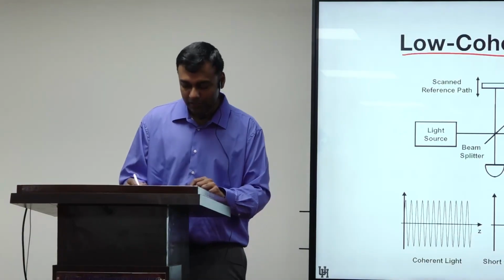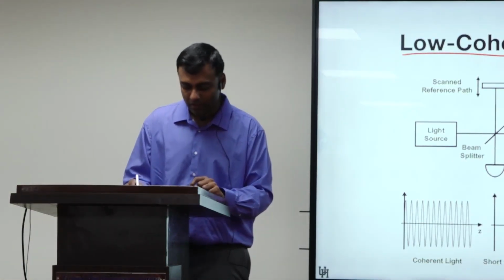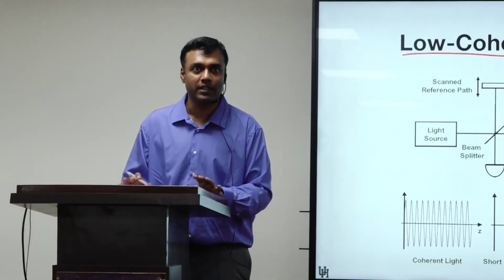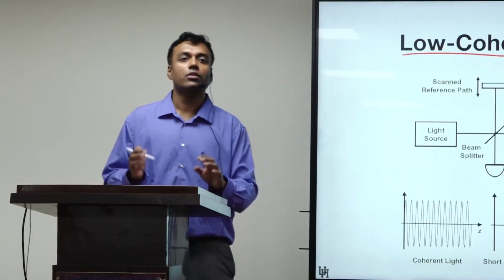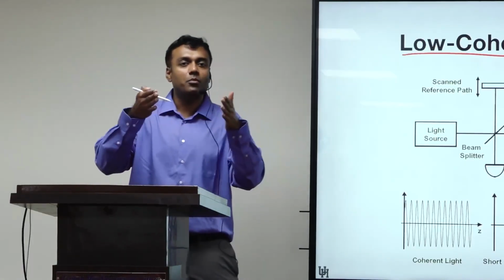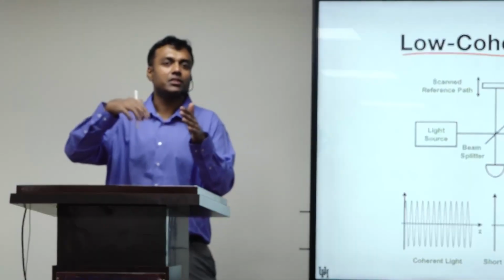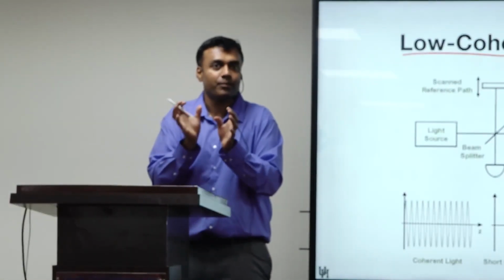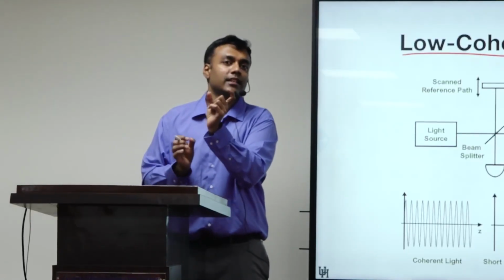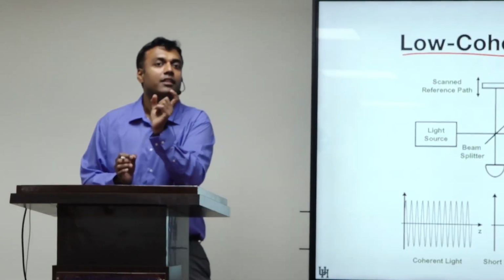The shorter the coherence length, this is called delta, which we'll get to in a little more detail later. Basically, the coherence is how much of a distance this interference shape is happening over. What is the length? The shorter the coherence length, the better the resolution.